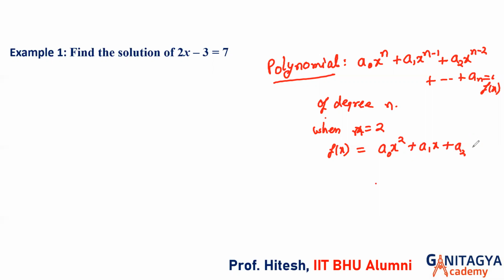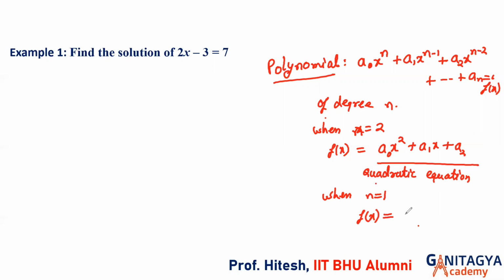So this is the pattern of a polynomial of degree 2. It is called a quadratic equation. Similarly, when n is equal to 1, what will be the format of f of x?